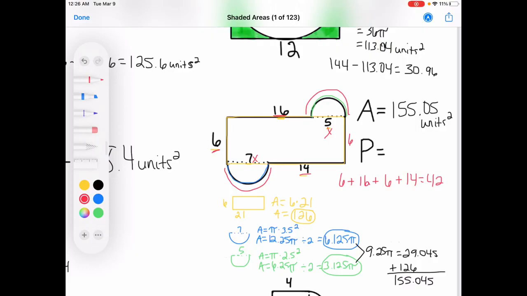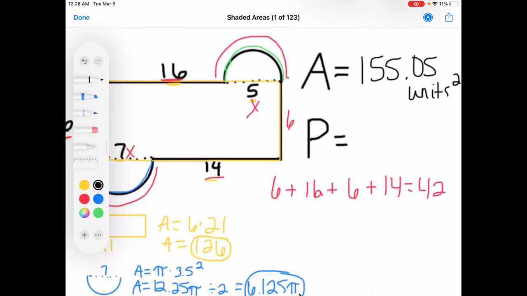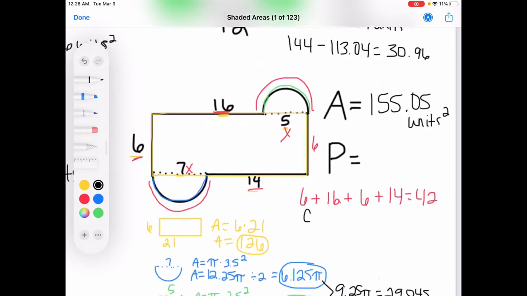So this is where I would want to use my circumference. I know that circumference is pi times the diameter. But since it's a semicircle, I need to divide that answer by 2. So pi times diameter, when the diameter is 7, gives me 7 times pi.